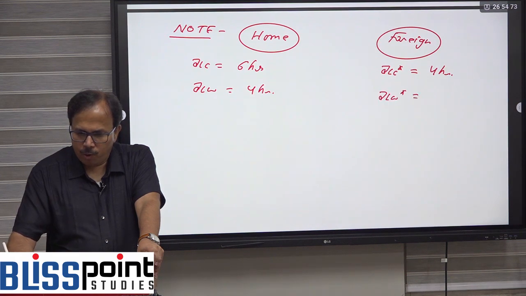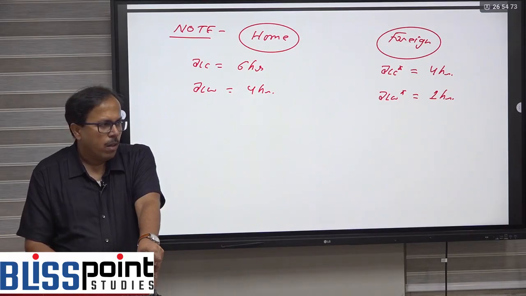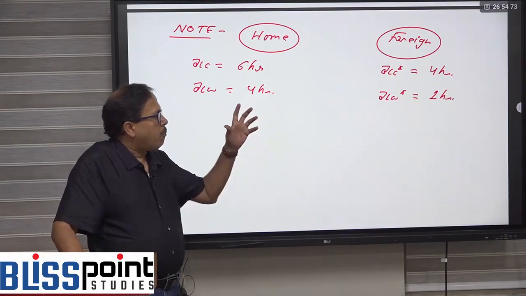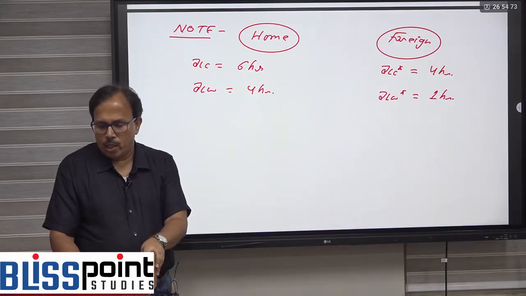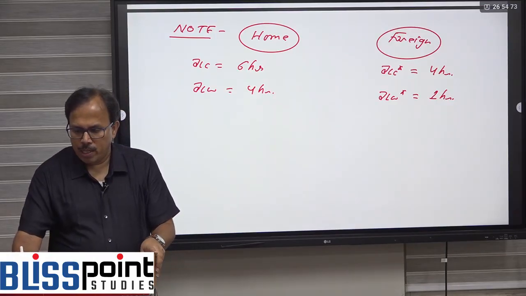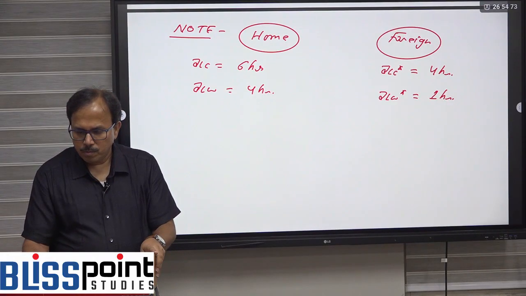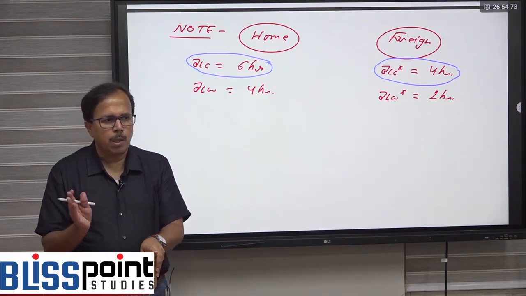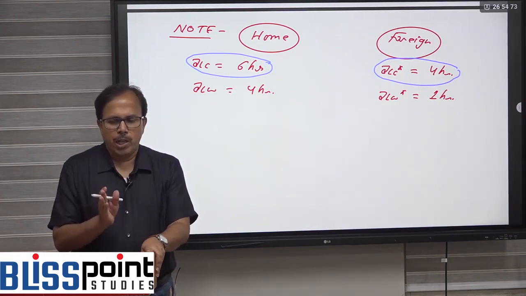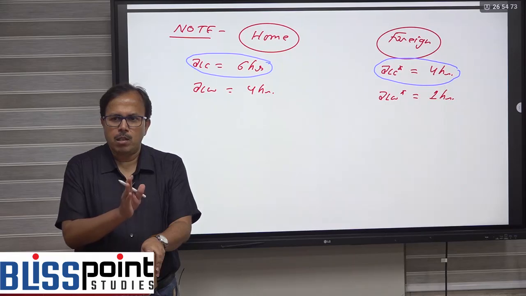ALW star in the foreign country is 1 hour. So if you compare cheese, to produce cheese in the home country it takes 6 hours. 1 unit of cheese can be produced by the foreign country using 4 hours. So you can say that labor is more productive to produce cheese in the foreign country.